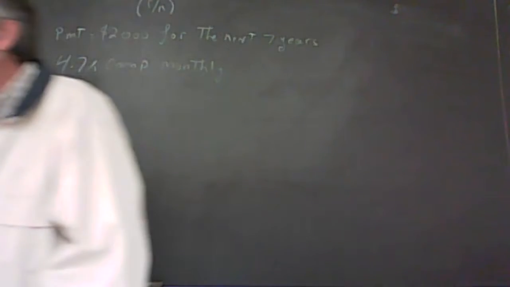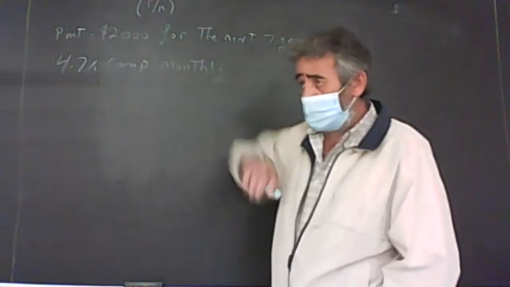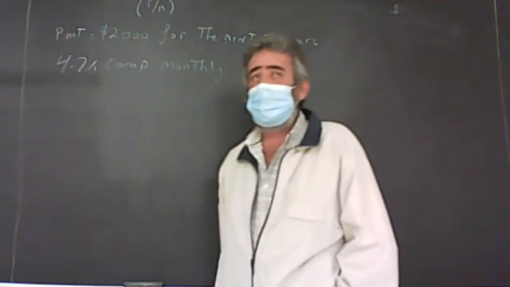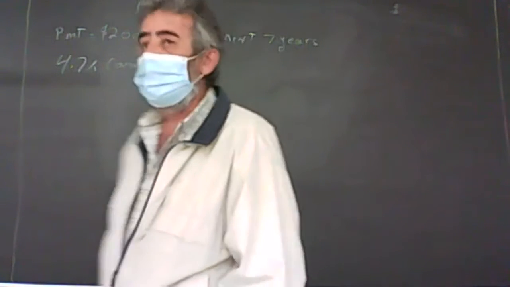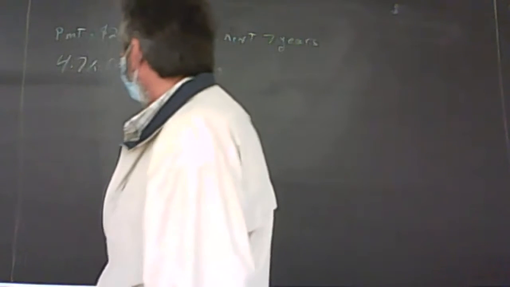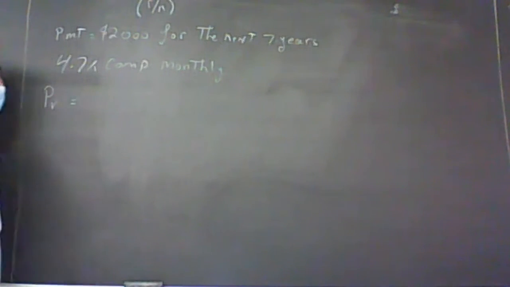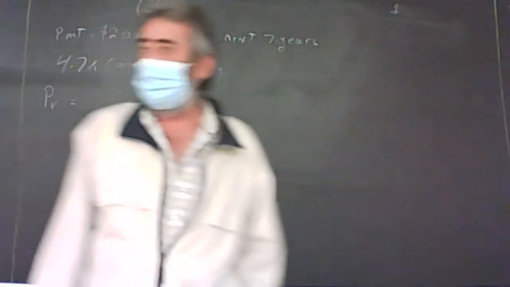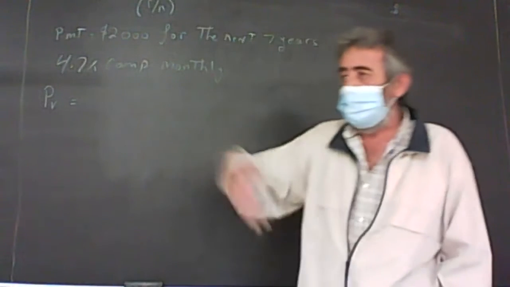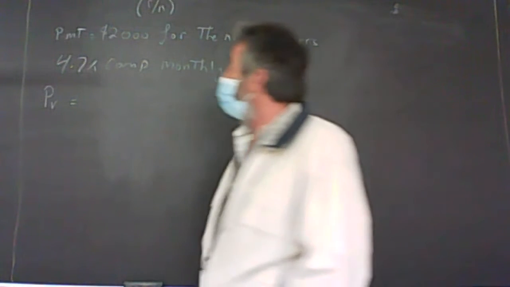That is not that big a deal. We're going to find out how much money the insurance company must deposit today to guarantee that amount. Whatever the payments are worth over 7 years, they're worth some amount today. So this is the present value of that money.